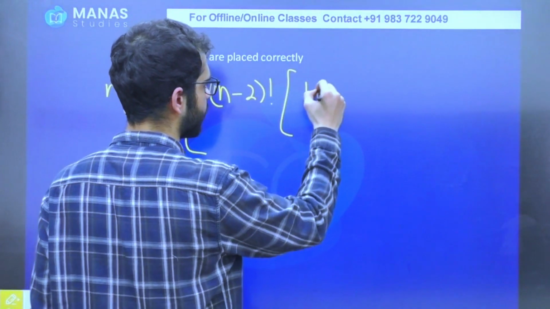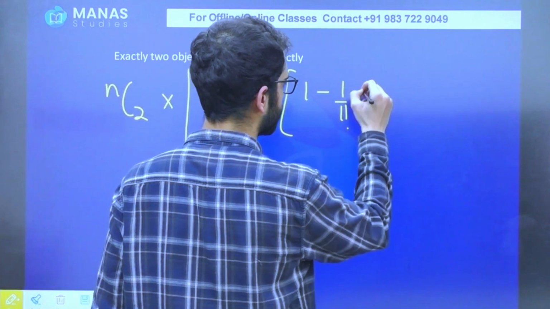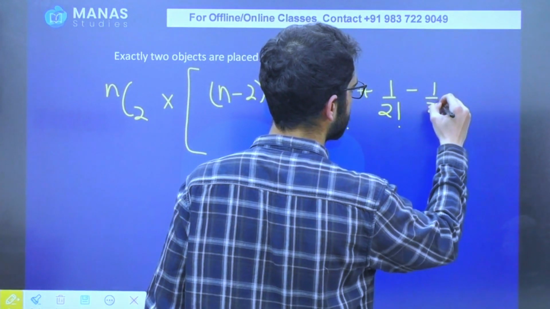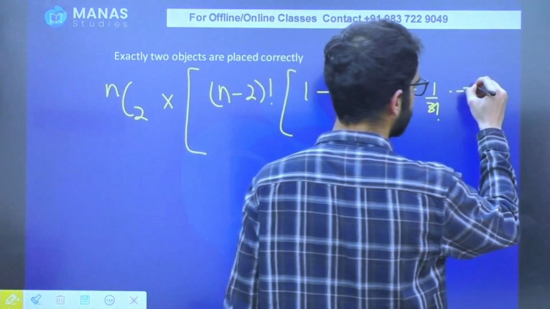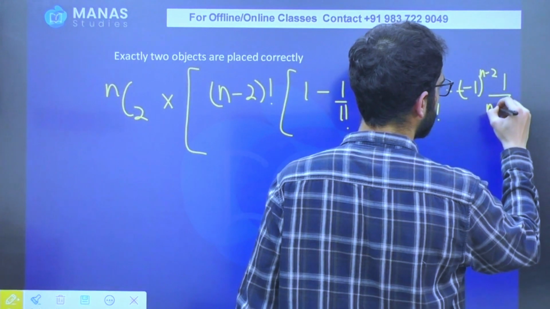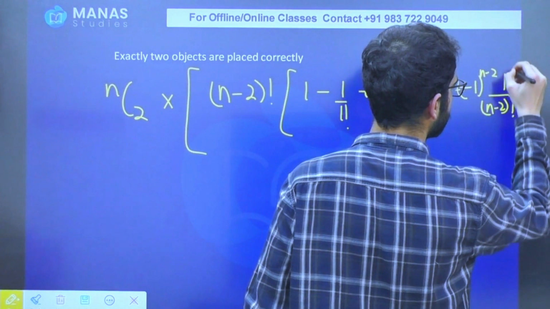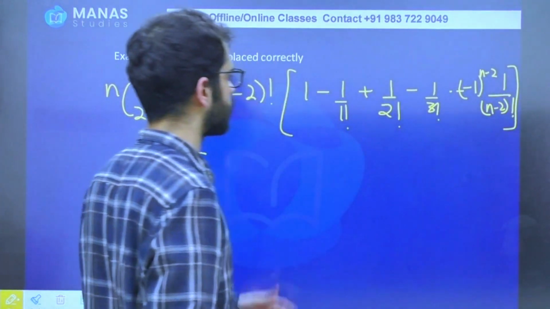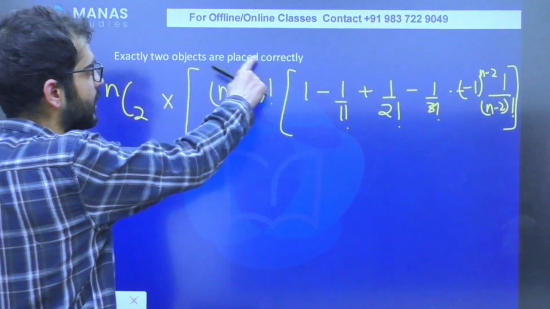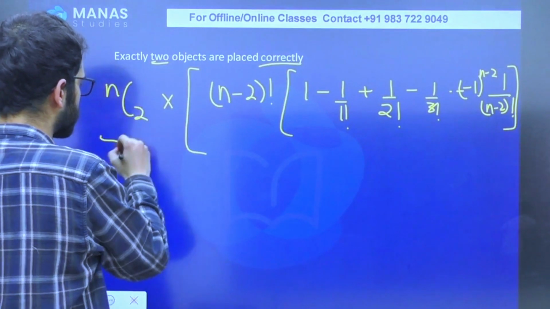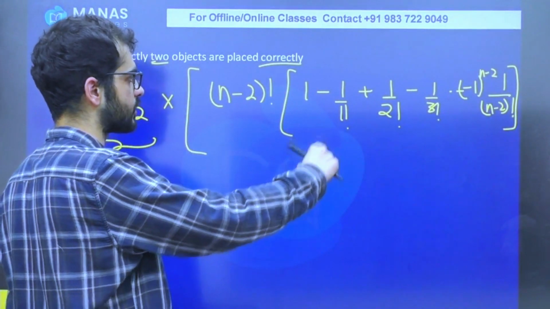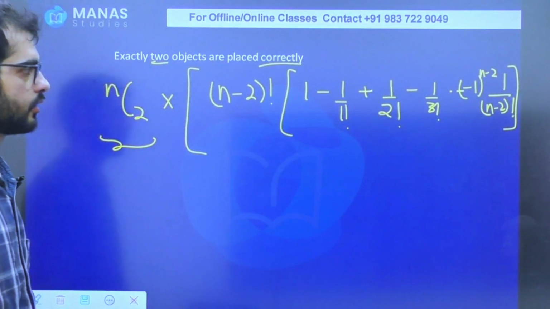In brackets I will write 1 minus 1 divided by 1 factorial plus 1 divided by 2 factorial minus 1 divided by 3 factorial, and this will go until minus 1 to the power n minus 2, 1 upon n minus 2 factorial, and this will be the answer. As you can see, n is replaced by n minus 2 because two objects are placed correctly. So we are removing those two objects which are placed correctly and then applying the formula to the remaining objects.